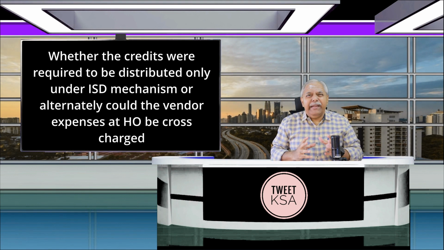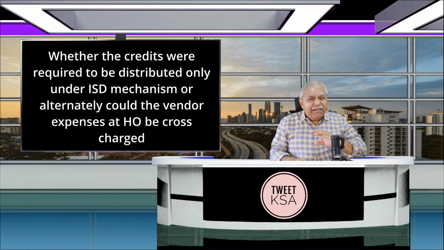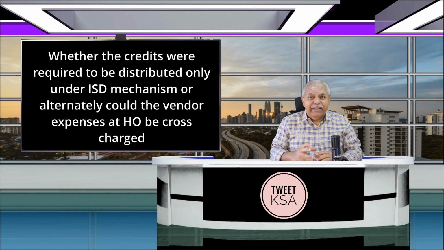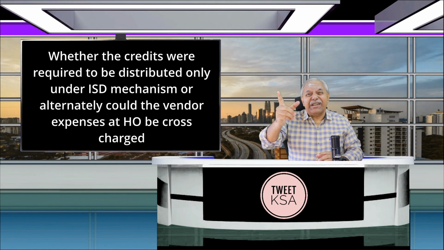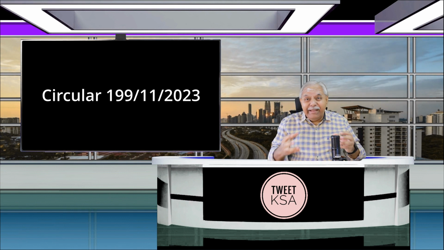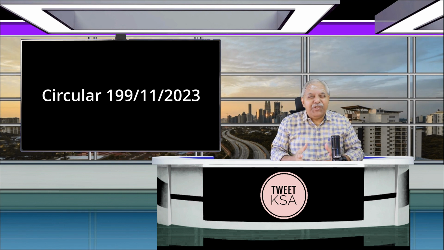So, in the present scenario, the latest circular reveals that it is not mandatory to register as ISD; rather, they can go for cross charge. Circular number 199/11/2023 is the path-breaking circular. Now, they are distinct entities, even though they come under the same PAN number. Within the state, there is not much problem.